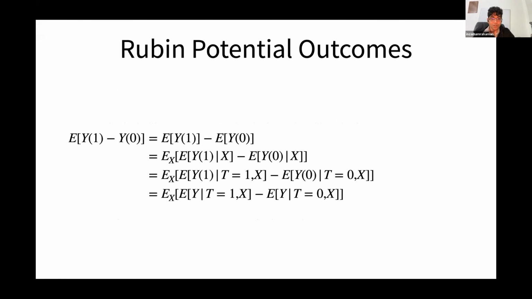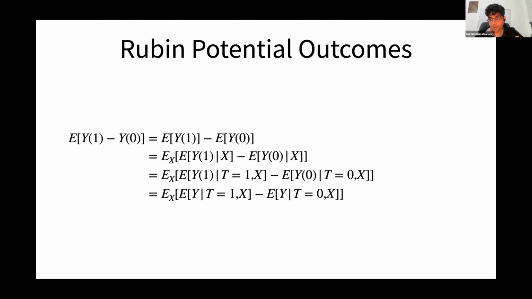When you take all these things together, under those assumptions we can actually make the ATE the associational difference. So this is how you do it. First you take the ATE, and then you use linearity of expectation, right? And then you say, okay, let's marginalize out the X, using the law of iterated expectation.